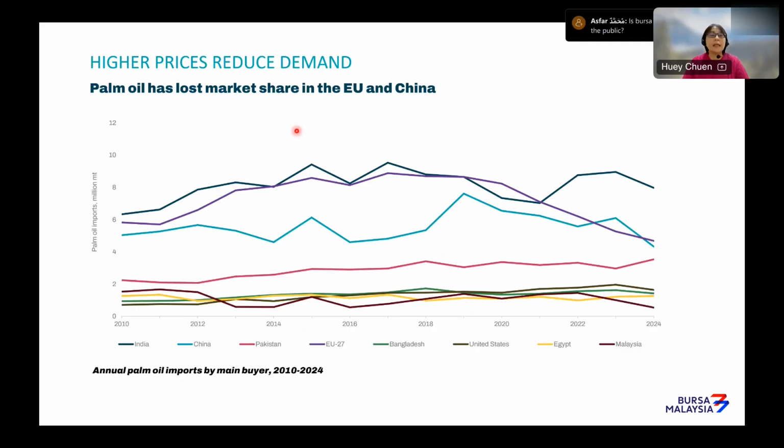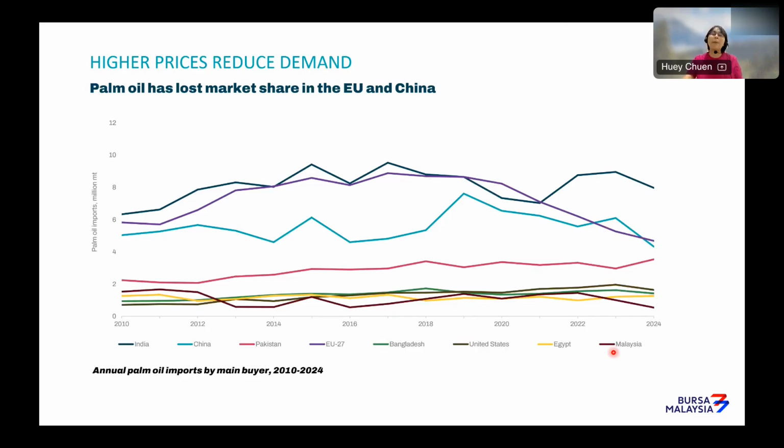So the higher price, if you look at the demand side, we have been saying that good GDP growth will have good demand. We can see that, however, especially recently, we are seeing a little bit of a declining trend on the palm oil side, because in the past, palm oil was always known as the cheapest oil in the world, the cheapest veg oil in every single market.